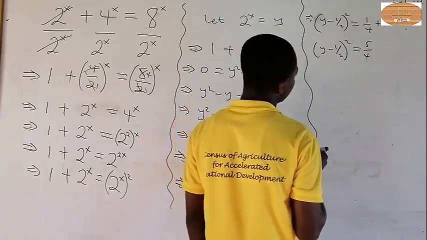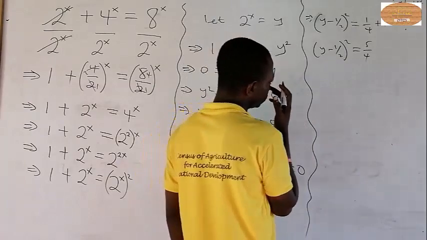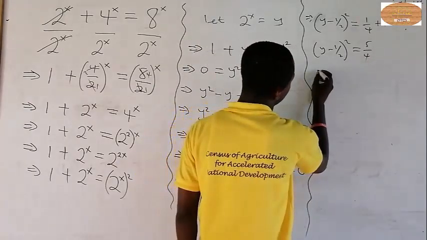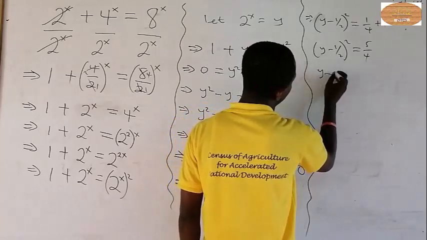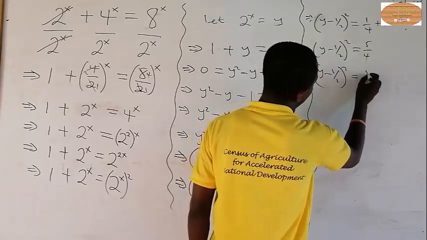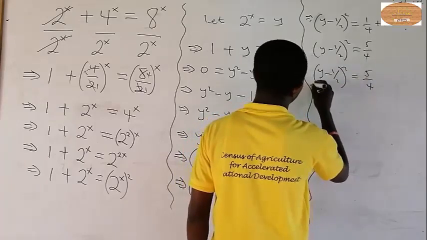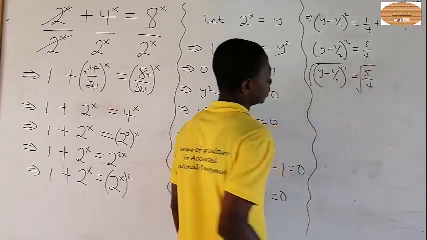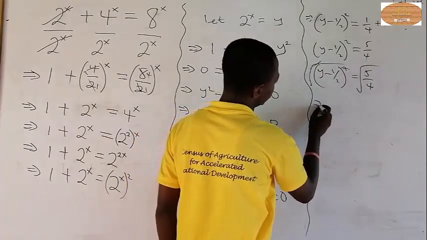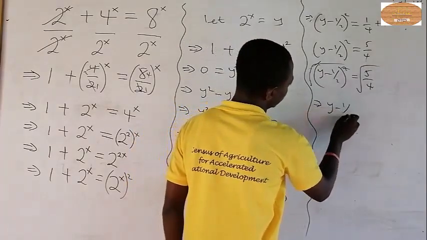So what do we do? We have a square on y. So what do we do? We can take the square root of both sides. So y minus half equals the square root of 5 over 4. So this one will cancel this. So we'll be left with y minus half.